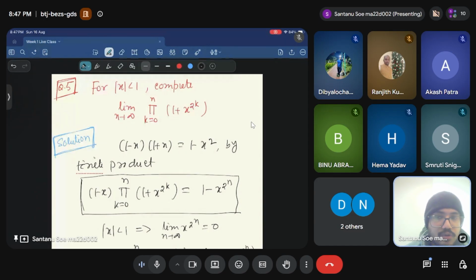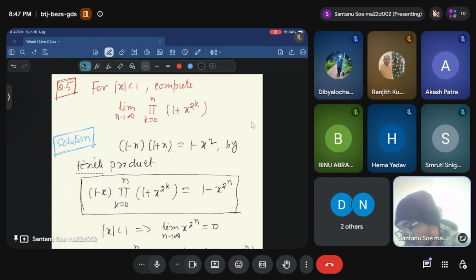So by finite product, that means if you take this product up to n times for any given natural number, you're going to end up with this term inside the box, that is 1 minus x into the product for k equals 0 to n of 1 plus x to the power 2 to the power k is 1 minus x to the power 2 to the power n. You can just verify it by putting n equals 0 or n equals 1, whatever you want.